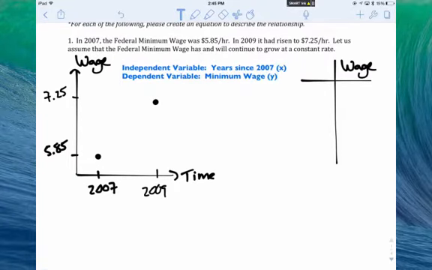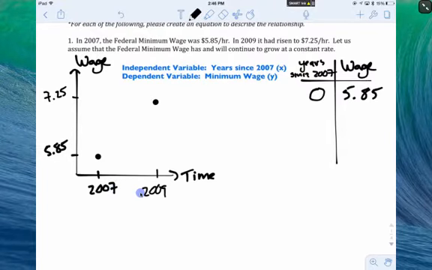Okay, so now that we know that, years since 2007, that is going to be what goes in our table right here. Okay, so in 2007, 0 years since 2007, the minimum wage was $5.85 an hour. In 2009, which is 2 years later, the minimum wage had grown to $7.25 an hour.